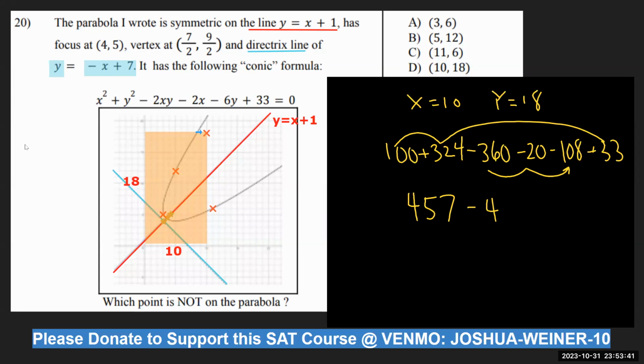Let me make sure this is right. Yeah, it's totally right. 457 minus 488 is negative 31, and that's not equal to 0. So therefore, it's not on the parabola, according to the conic formula.